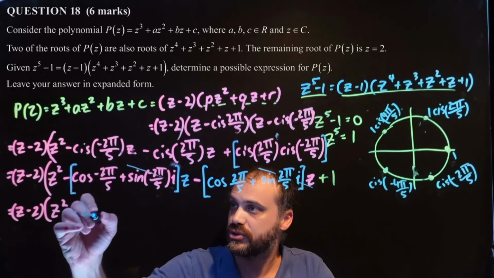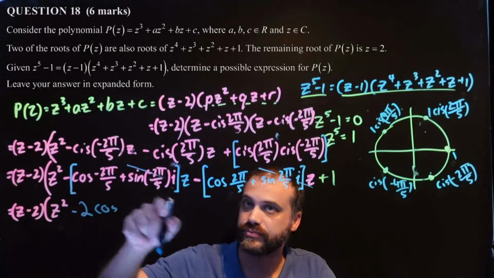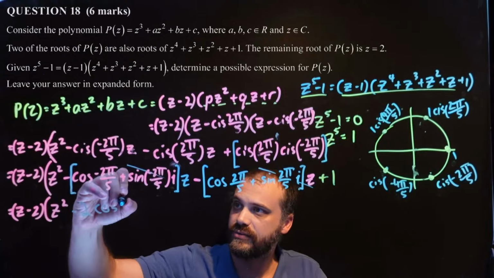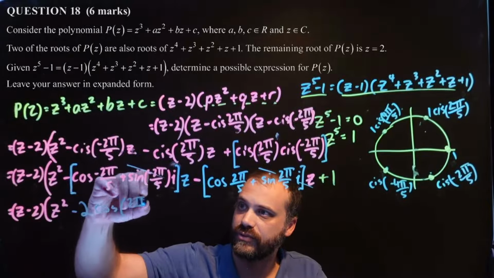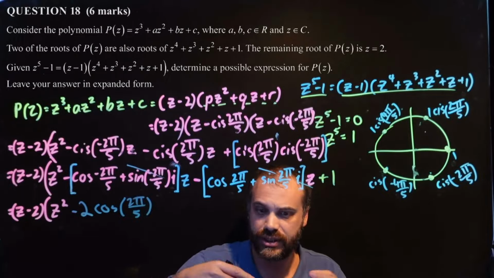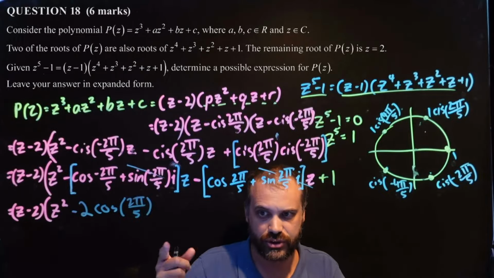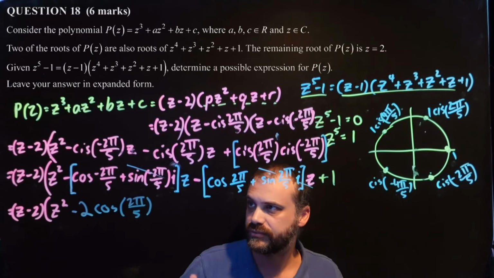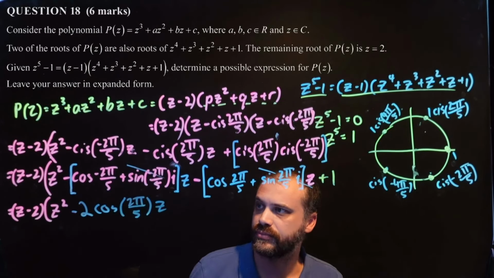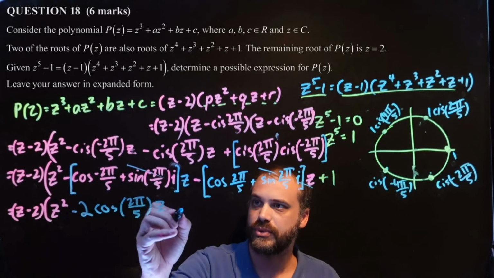So negative 2 cos, and we can choose whichever one of these. Positive feels better than negative. So negative 2 cos 2 pi on 5. Why am I just randomly choosing? Because they're going to spit out the same value, whether it's cos 2 pi on 5 or cos negative 2 pi on 5. But it is still being multiplied by that z. And then finally I have this plus 1 on the end.